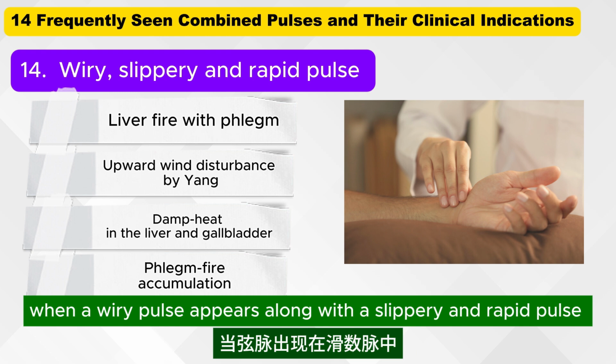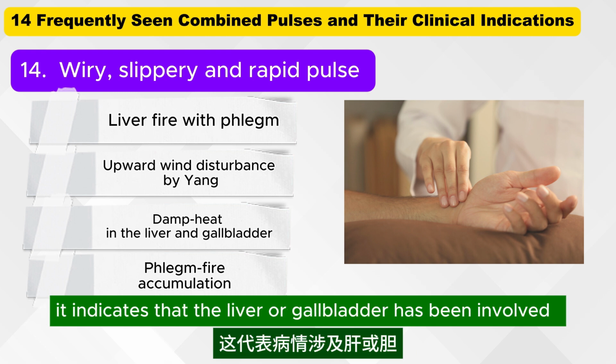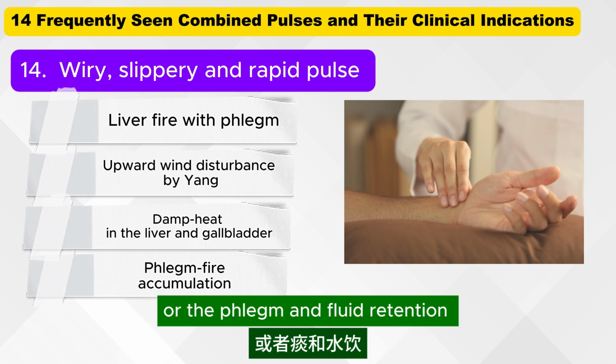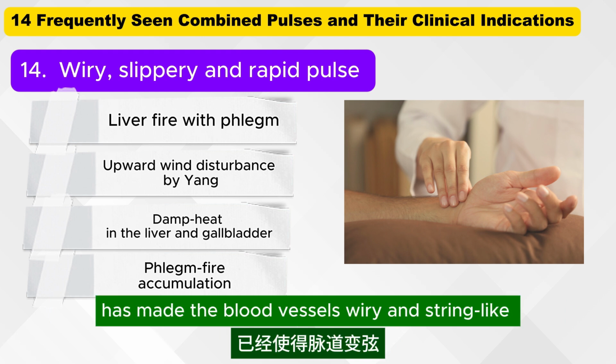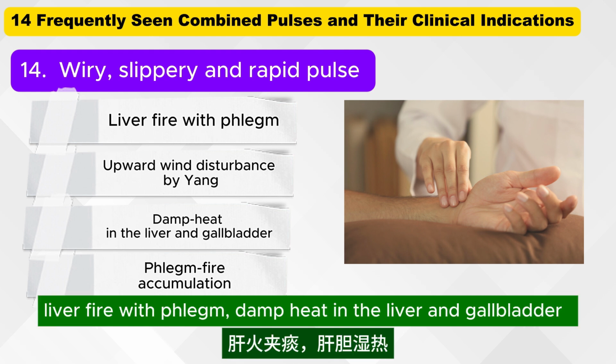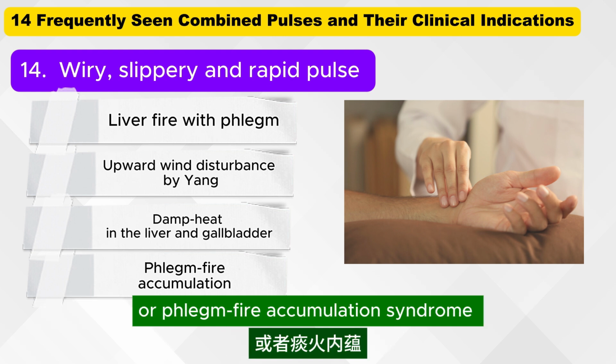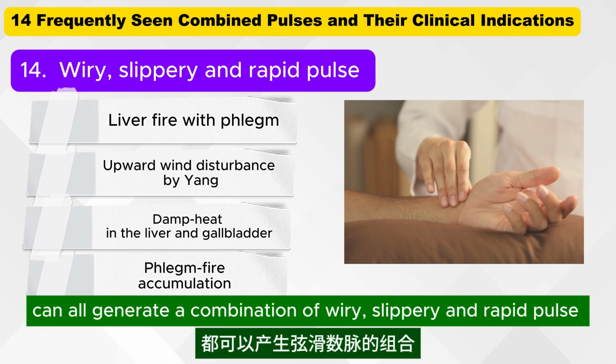When a wiry pulse appears along with a slippery and rapid pulse, it indicates that the liver or gallbladder has been involved, or the phlegm and the fluid retention has made the blood vessels wiry and string-like. Liver fire with phlegm, damp heat in the liver and the gallbladder, or phlegm fire accumulation syndrome can all generate a combination of wiry, slippery, and rapid pulse.